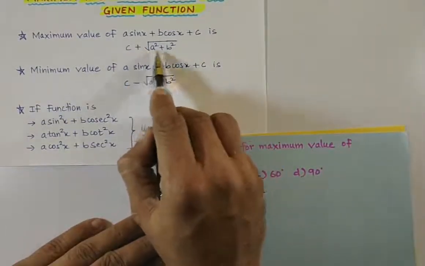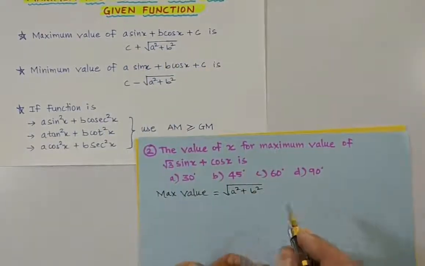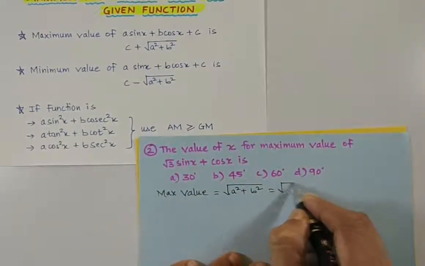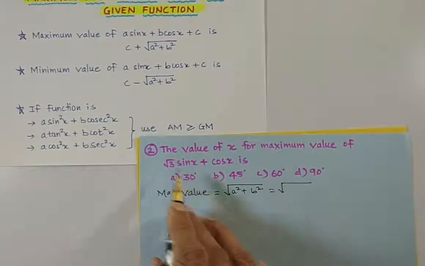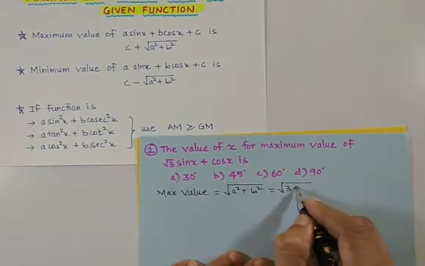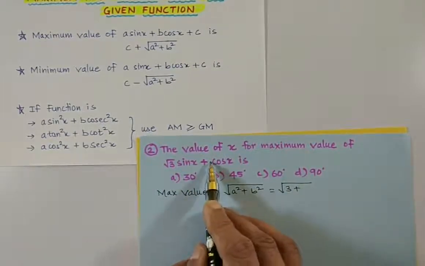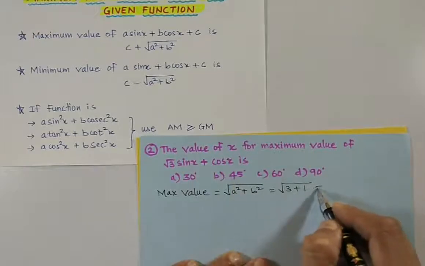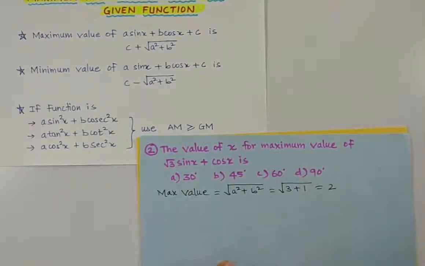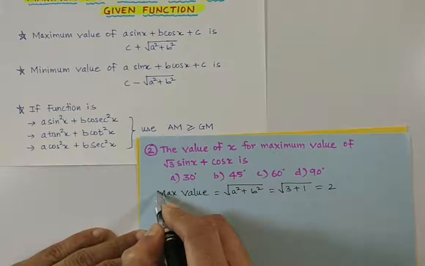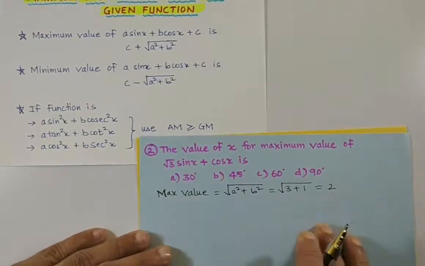So this is root of a square, root 3 square is 3, b square, the coefficient of cos is 1, so 1 square is 1. If you take the root, you will have 2. So the maximum value is 2.